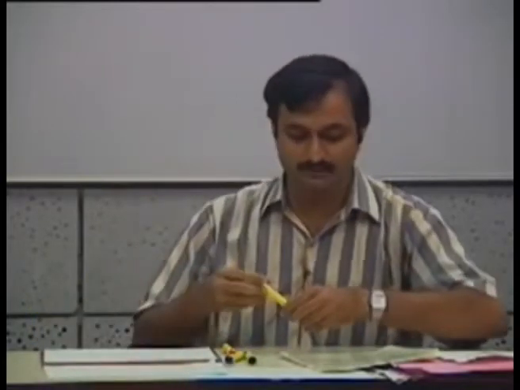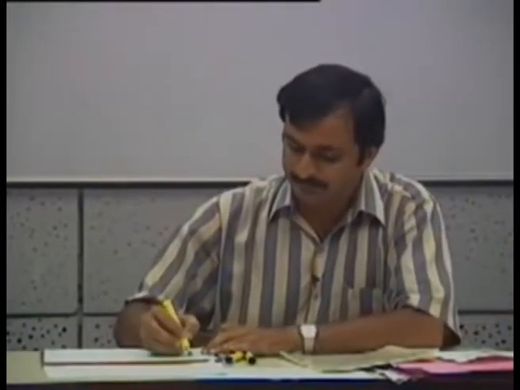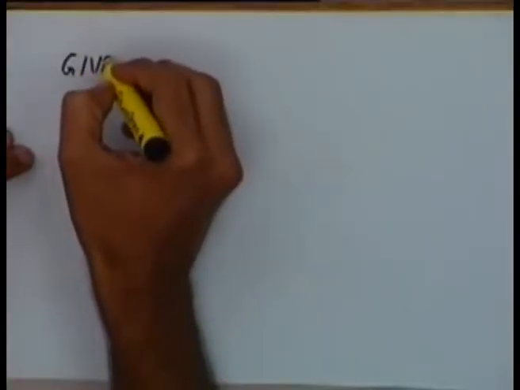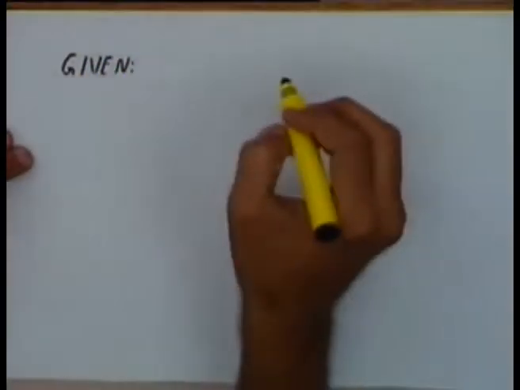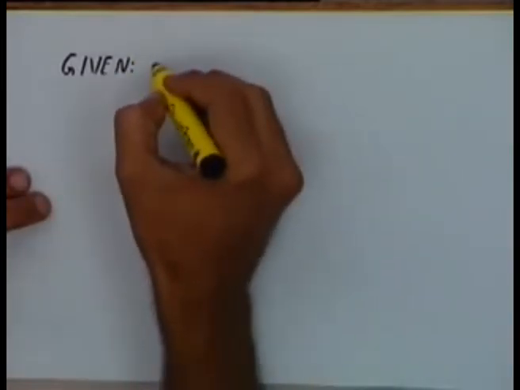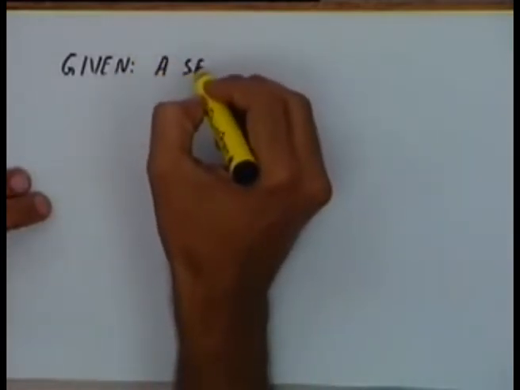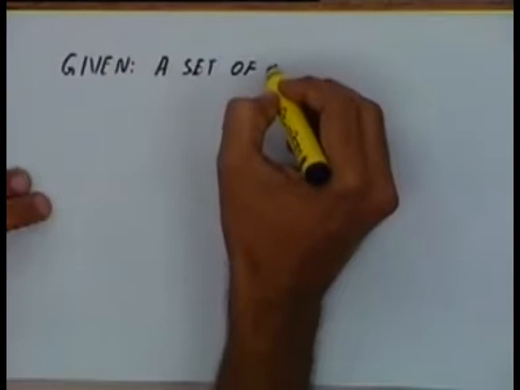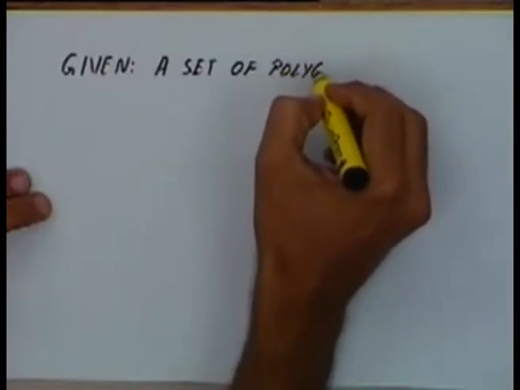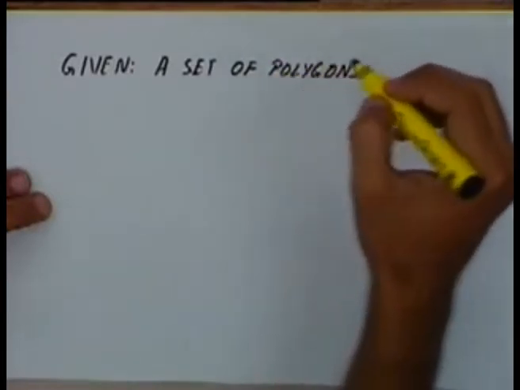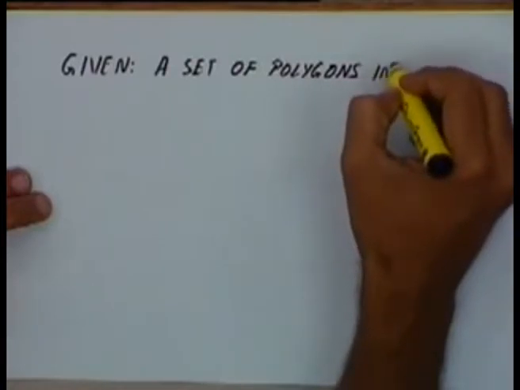Okay, so let's see the different steps involved in the algorithm. What are we given? We are given a set of polygons. Are we working in image space or in object space?